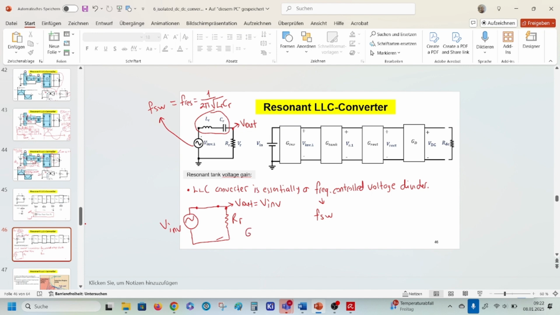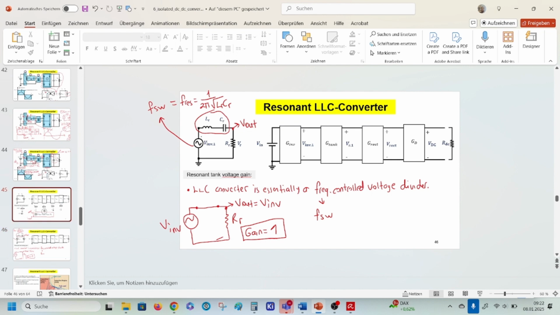And the gain is 1. This is the purpose of the resonant tank. We should switch our circuit where our resonant frequency is.